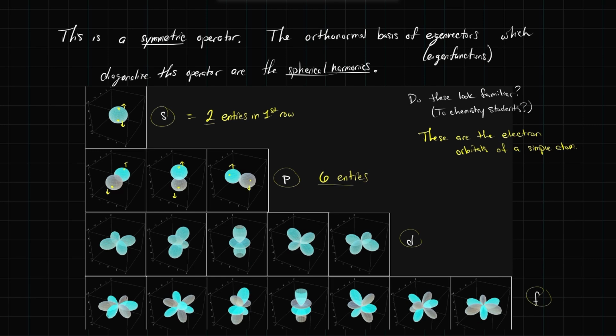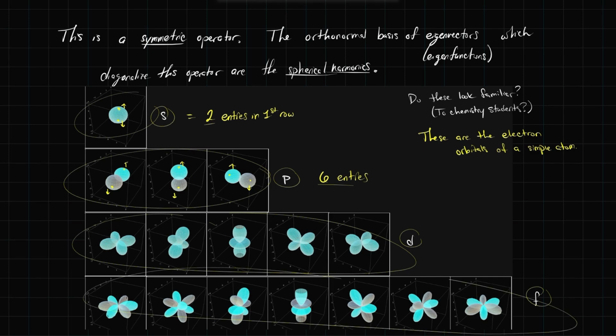So you have 6 entries plus 2 from the s orbitals, a total of 8 elements in the second row. You actually have to jump down 2 more rows to the fourth row. You end up with 8 plus 10, 18 entries in the fourth row. And come the sixth row, you end up with another 14 plus those previous 18, 32 entries starting in the sixth row.